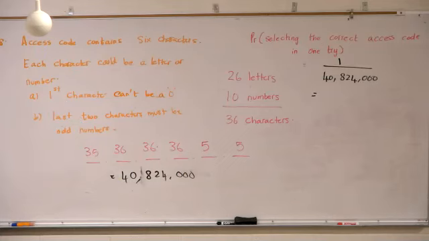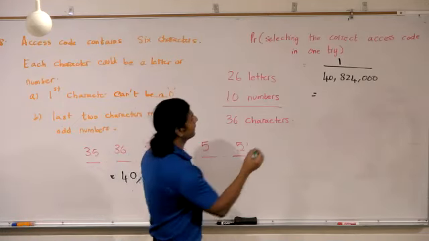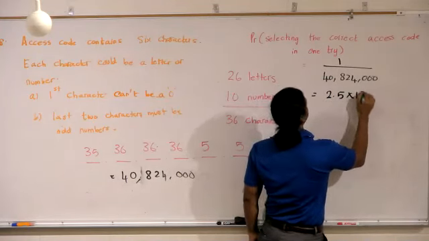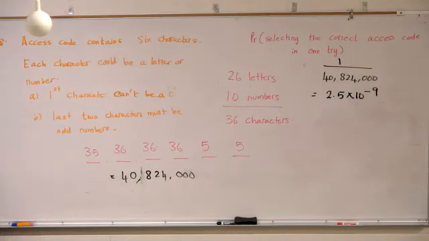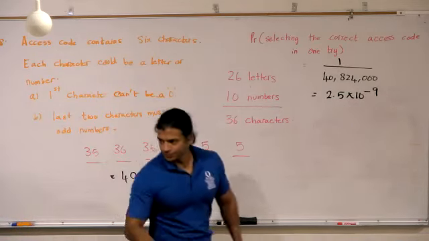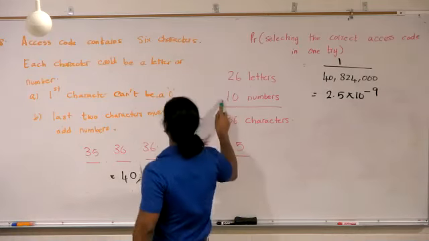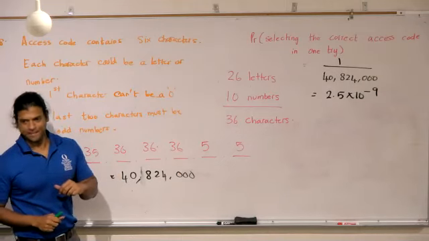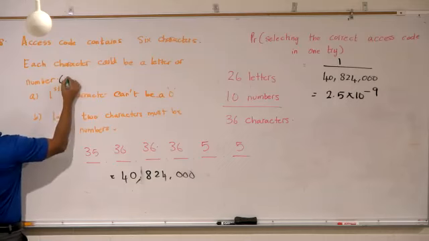It says 0.24, so 2.5 times 10 raised to negative 9, since I moved the decimal.